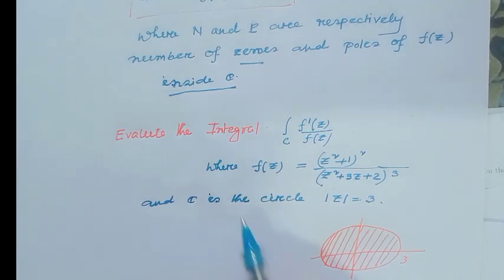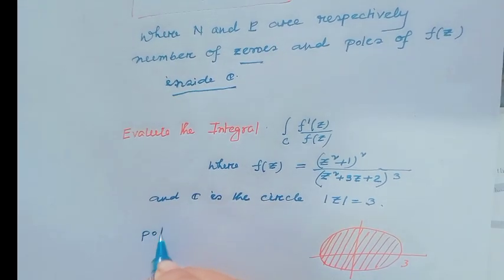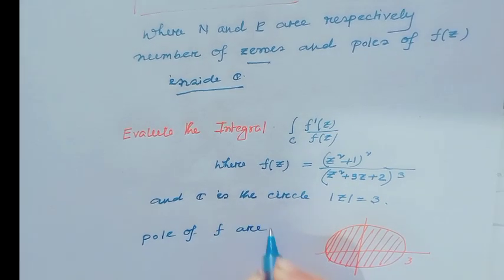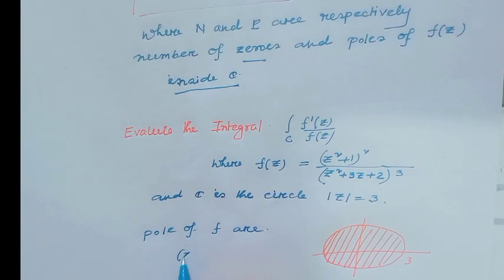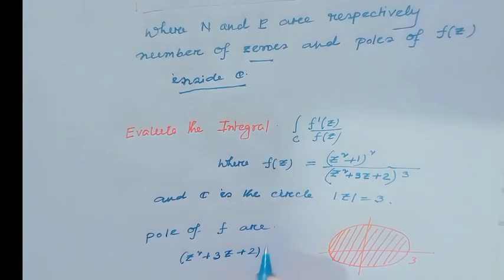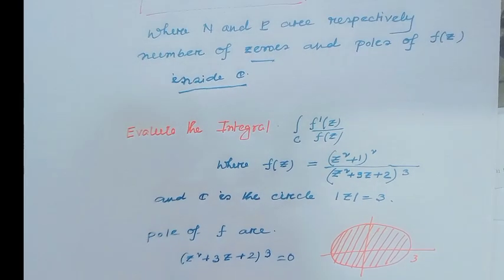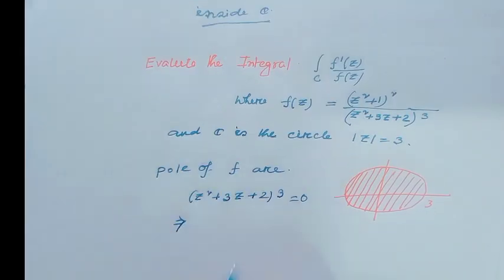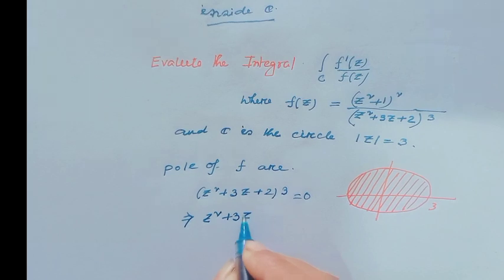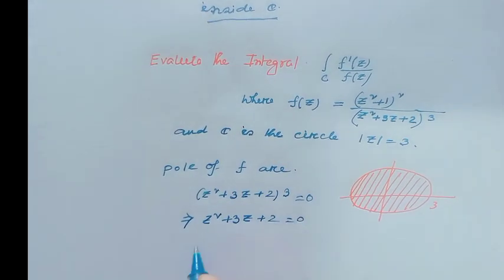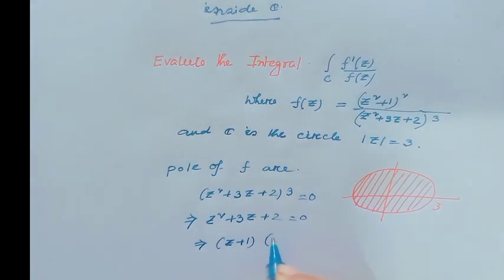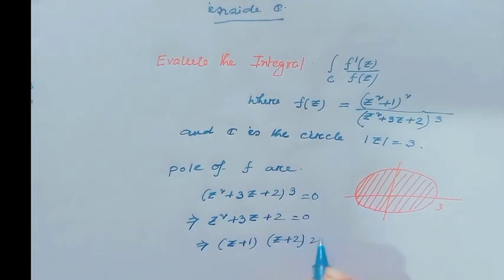Then the poles of f are given by (z square plus 3z plus 2) whole cube equal to 0. That implies z square plus 3z plus 2 equal to 0, that implies z plus 1 and z plus 2 equal to 0.